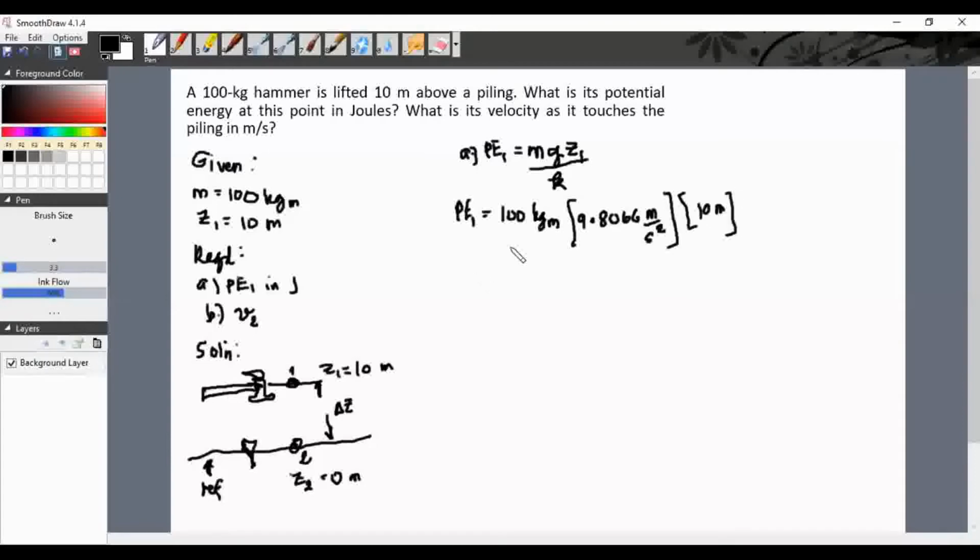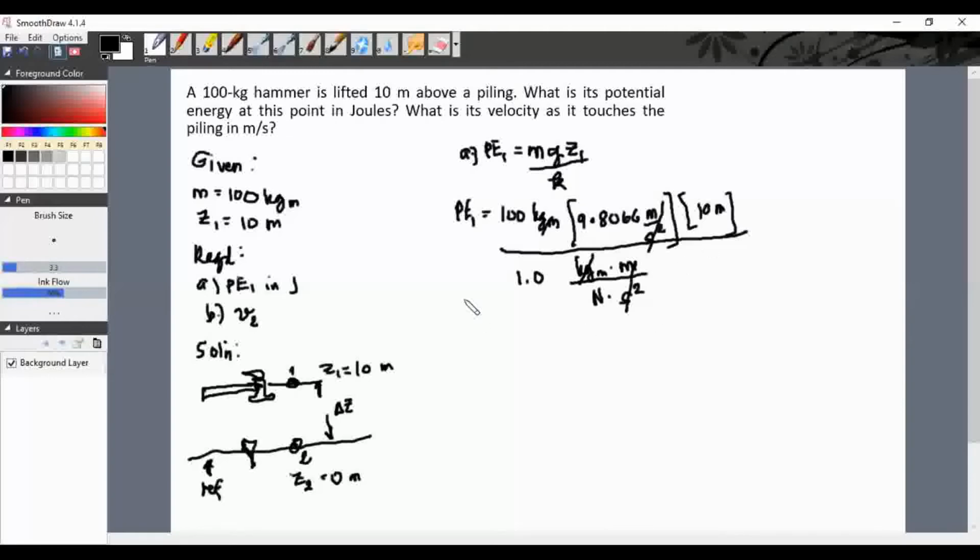All over, there are many proportionality constants K we can use. I will use 1.0 kilogram mass meter per Newton second square. So this cancels out, meter per second square cancels out as well, and what remains is Newton meter.